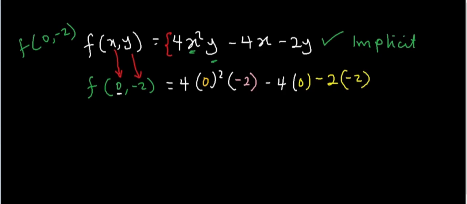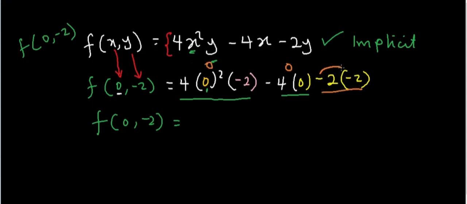Which simply means, if I want to write this, I have f of 0 minus 2 is equal to, all this becomes 0 because of the 0 here. This becomes 0 also. So it's got 0 times 4 is 0. This is 0. So here, minus times minus is plus, then 2 times 2 is 4. So this is 4. Very simple and very easy to approach.